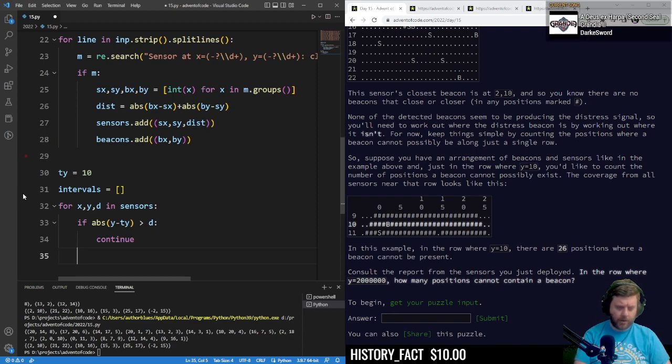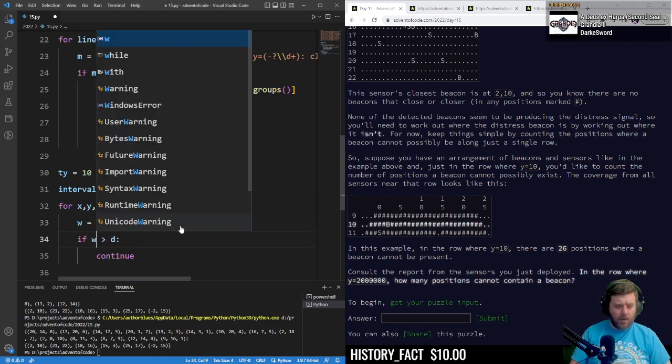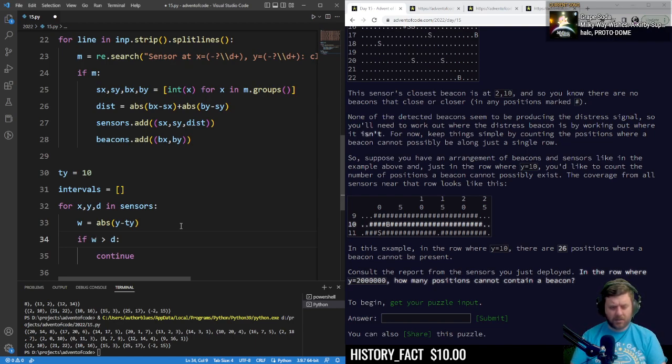So all I care about is this one target row. So I would say... so that tells me what the distance is between this sensor and that target row.